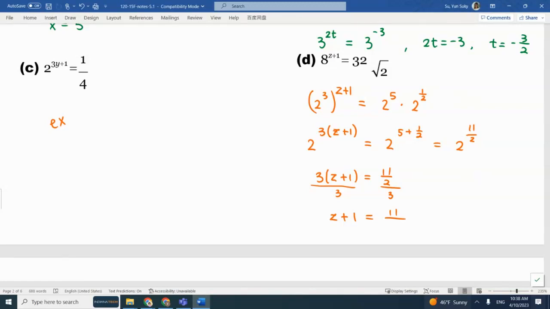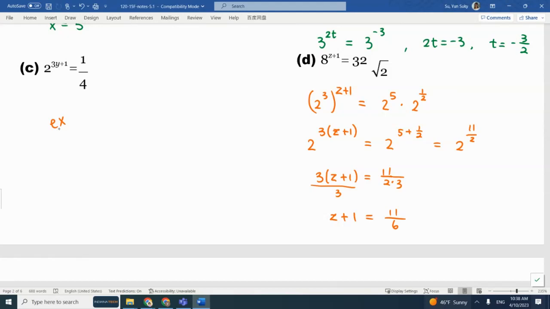Divided by 3, that means you want to put the 3 in the denominator. Is that okay, everybody? You divided by 3, so you put it in the denominator. What's 2 times 3? 6. Okay, so divided by 3 is like you put 3 in the denominator. Is that okay, everybody? So that is 6.